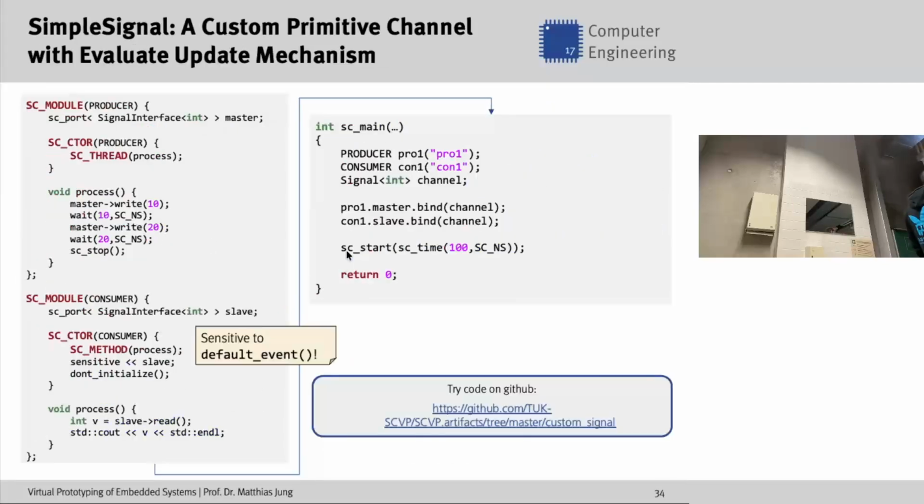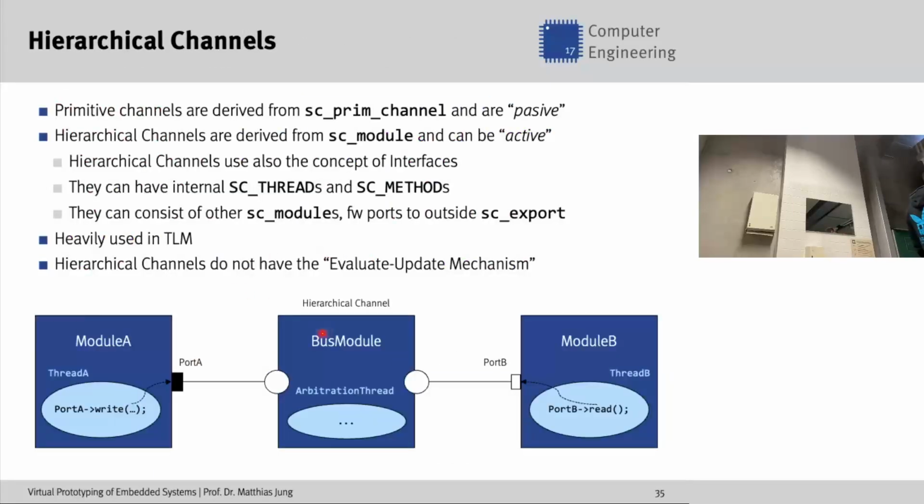If you derive the channel additionally from sc_module, you can also have a thread here. Then you can build a complex bus that has, for example, an internal thread that handles arbitration of the bus or does some scheduling. You can have threads and methods internally, and they can also be composed out of other SystemC modules, so you can really build a hierarchy inside.